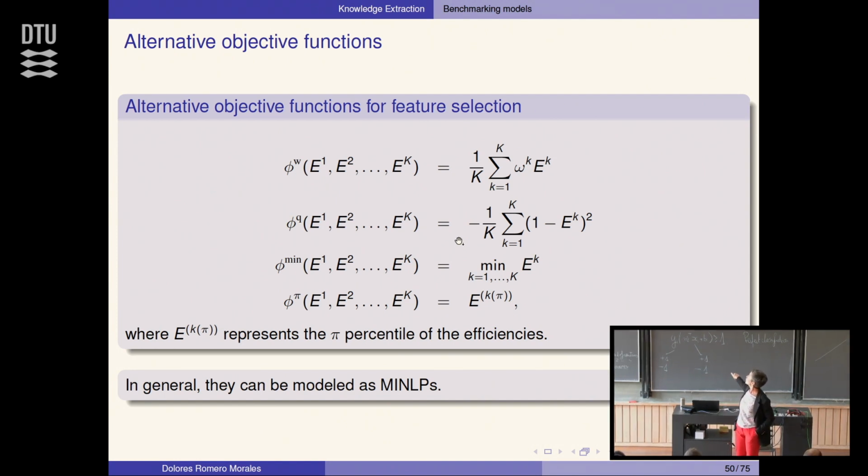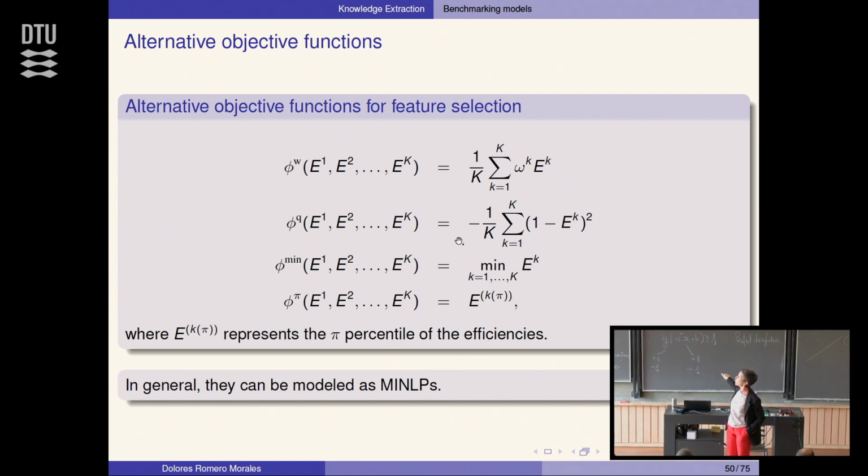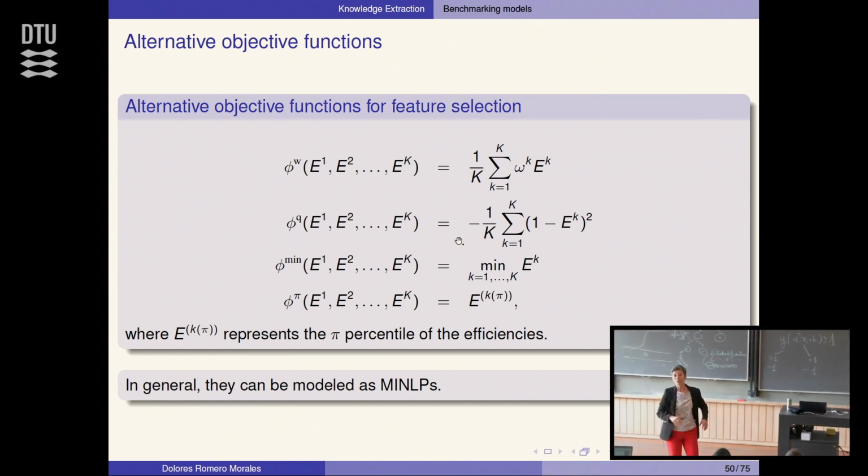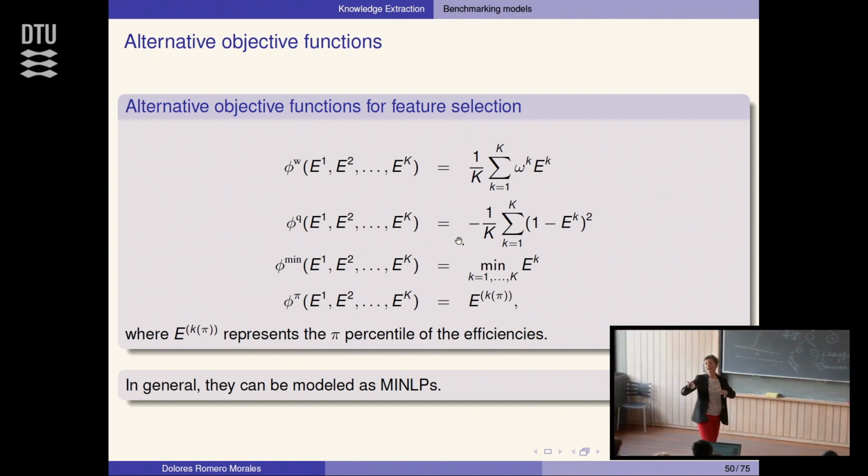Or you could also try to look at the worst and try to maximize that, so a max-min point of view. Or you would like to optimize a percentile, so that 75% of your firms are as high as possible.